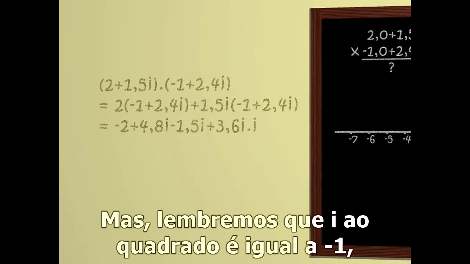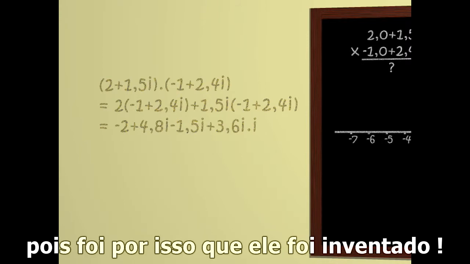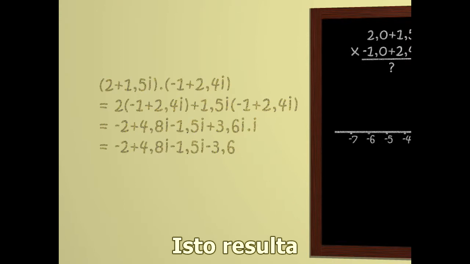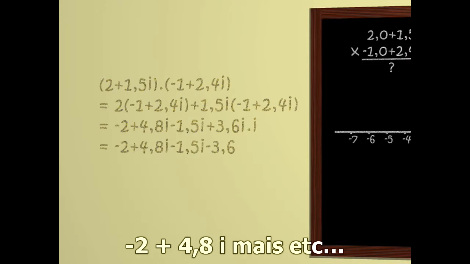But i squared is -1, since we invented i for this purpose. So we get 2 plus 4.8i plus 1.5i minus 3.6.